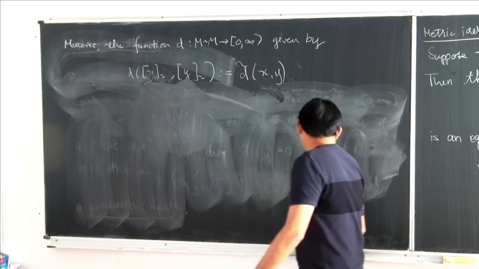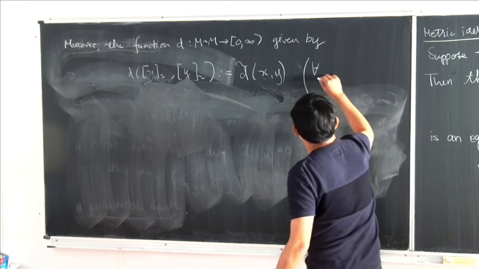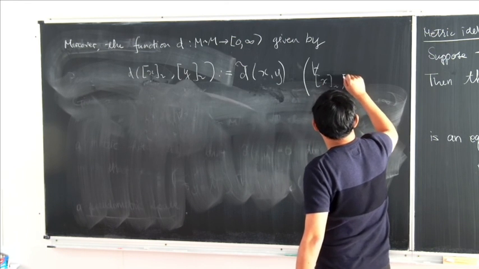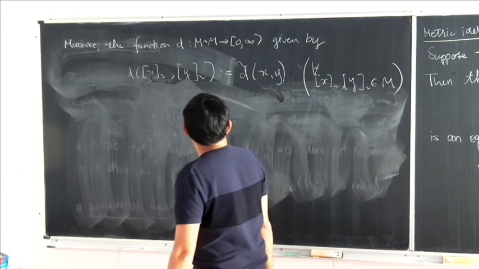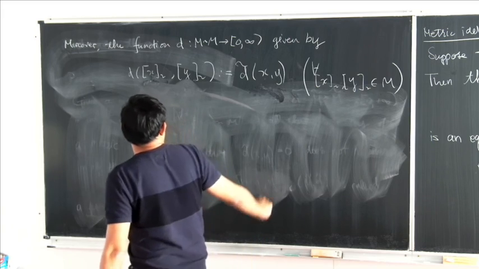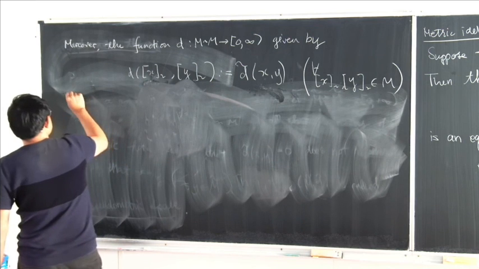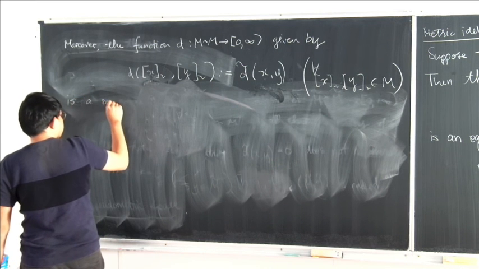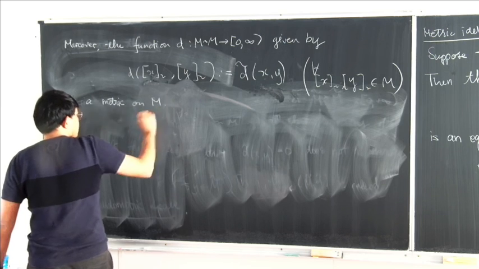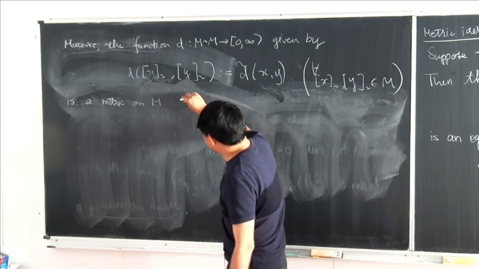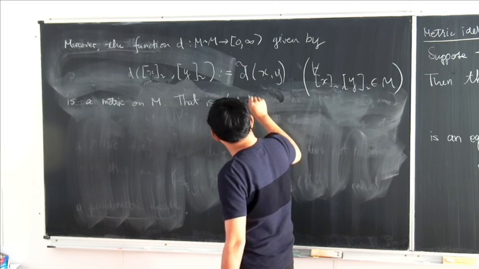And this has to be true, this is defined for every equivalence class from M. So this function d, given by this, is a metric on M. In other words, (M, d) is a metric space.